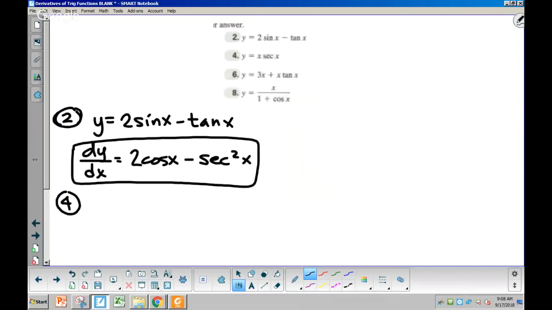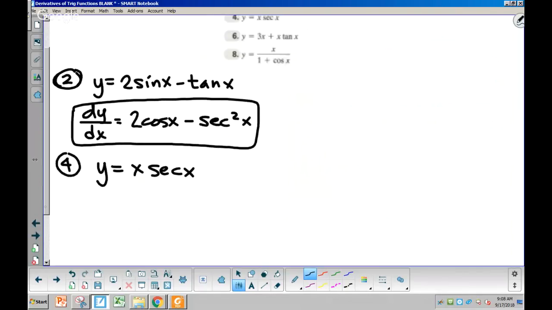Number 4. Y equals x secant x. What rule do I have to use here? The product rule, because I have 2 functions I'm multiplying together. Okay, so we're going to say dy dx equals first, which is x, d second.